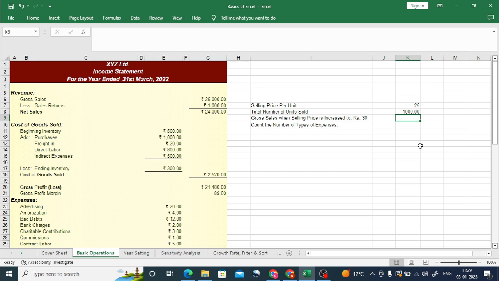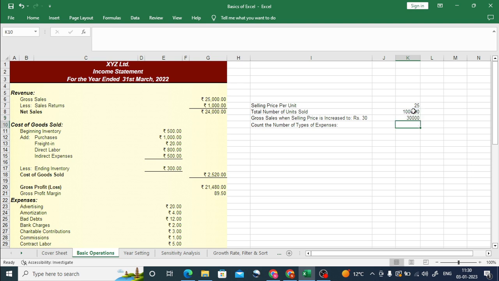Next, you have to calculate the gross sales when selling price is increased to rupees 30. So what you can do is you can put a is equal to sign. You know the total number of units sold is 1000, and if the selling price has been increased to 30, we can simply multiply the total number of units sold with the number 30.